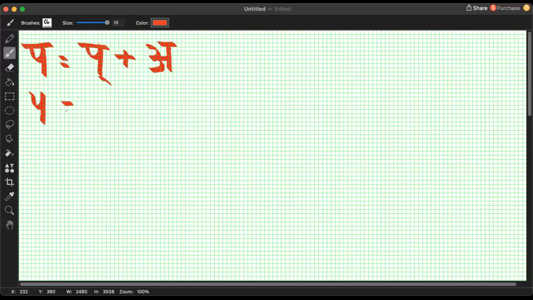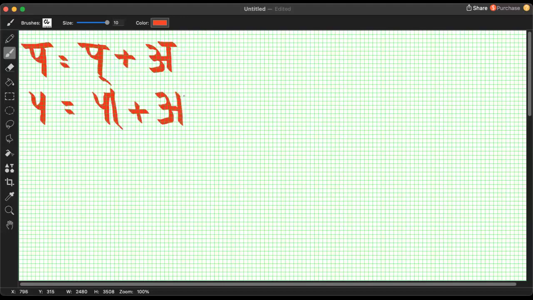If you want to get pa, the root of this alphabet is with a swar. In the sense, this is p with a, which will give you pa.